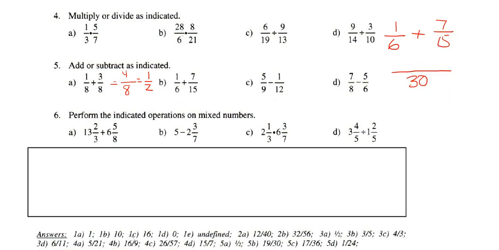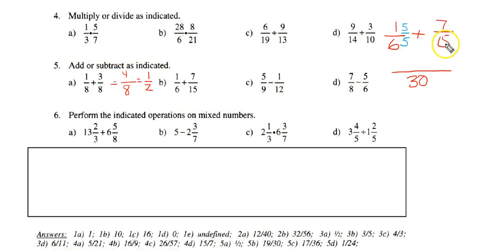Now, I'll change colors so you can see this a little better. I want to multiply this fraction by a 1 that will make this an equivalent fraction with the denominator of 30. And that's going to be 5/5.